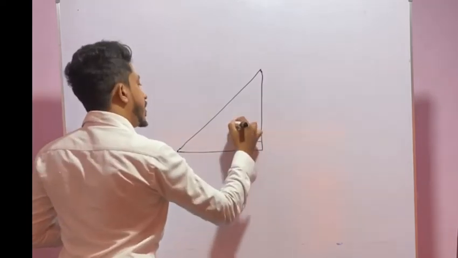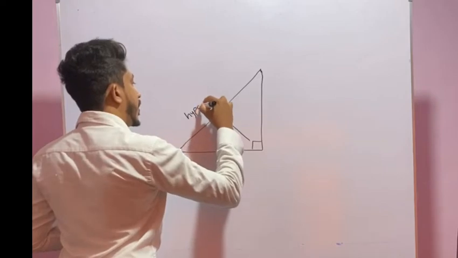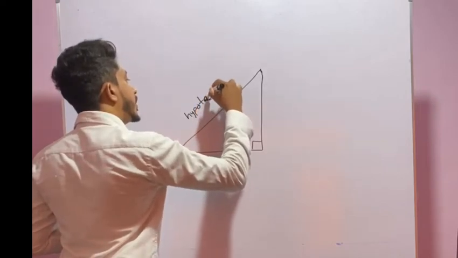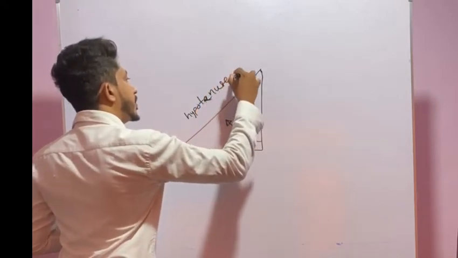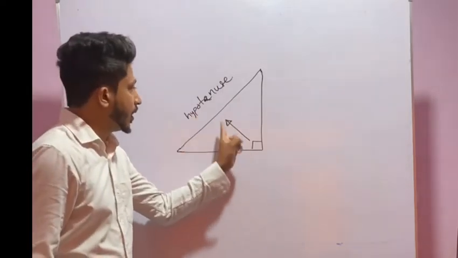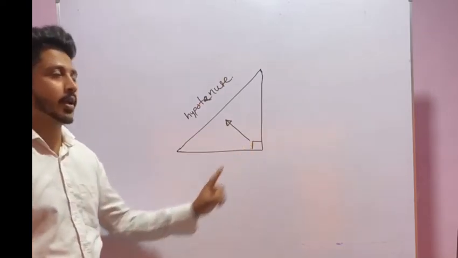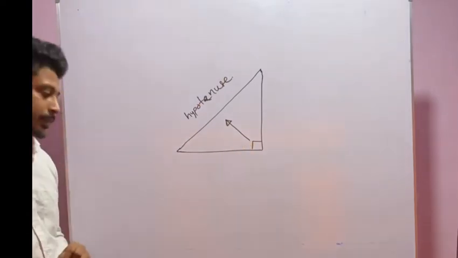So this is the hypotenuse. We call the side that lies in front of the right angle the hypotenuse. Always it is the hypotenuse.